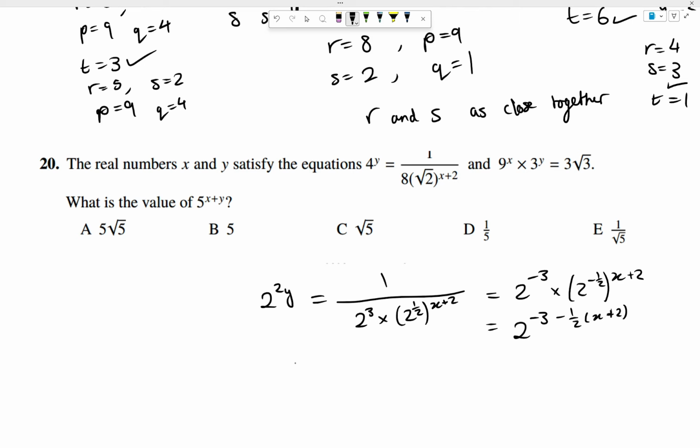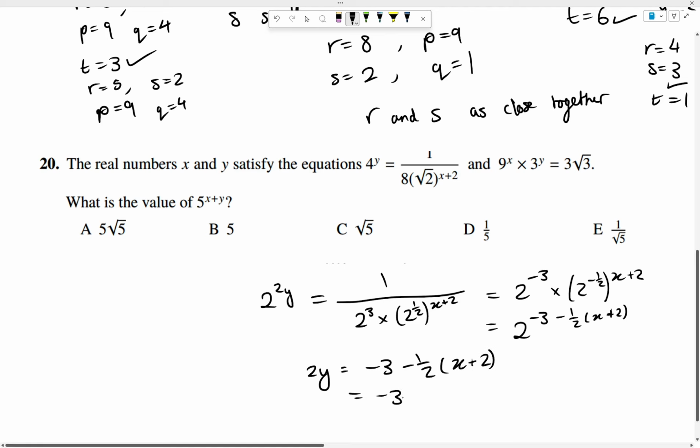So we get the equation, by comparing the exponents, that 2y is equal to minus 3 minus a half x plus 2, which can be further simplified to minus 3 minus a half x minus 1, which is minus a half x minus 4.